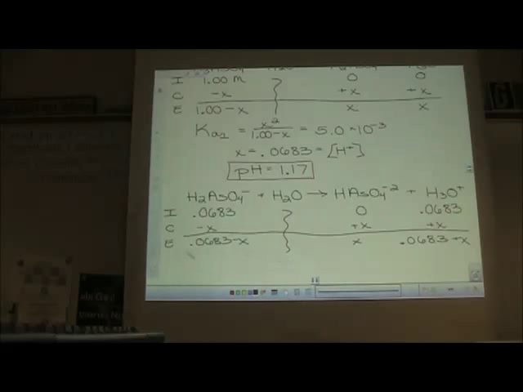What am I setting this equal to? Ka2. And ladies and gentlemen, please notice that this expression is not going to look like they always do. And that's a good thing, because starting very soon, our equilibrium expressions are not always going to be x squared anymore.